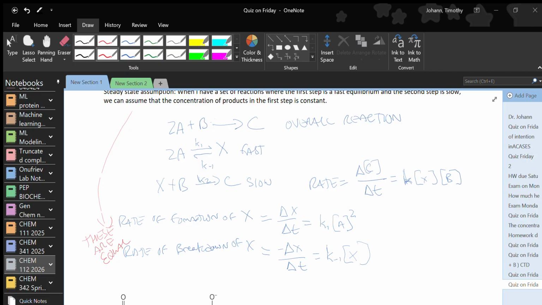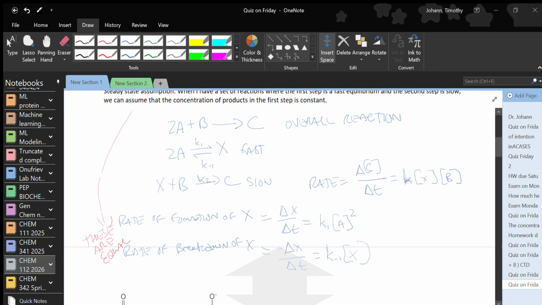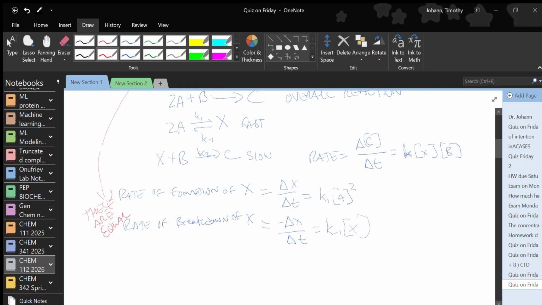So let's go ahead and do that. So I can say that K1 times A squared, that's the rate of formation of X, is equal to K negative 1 times X, right?